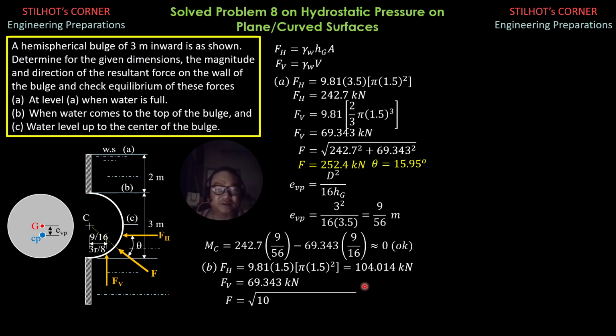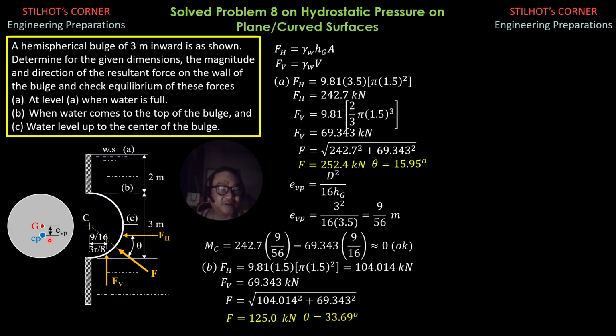So F is square root of 104.014 square plus 69.343 square, and F is equal to 125.0 kilonewtons. Now for the angle, inverse tangent of 69.343 over 104.014, it is 33.69 degrees. Then we proceed to part C.